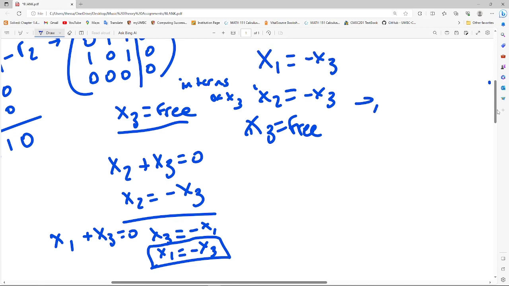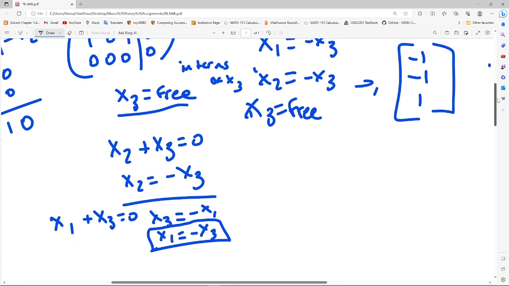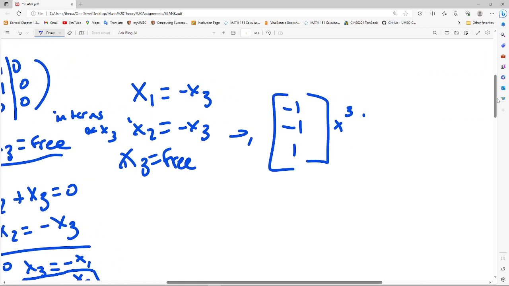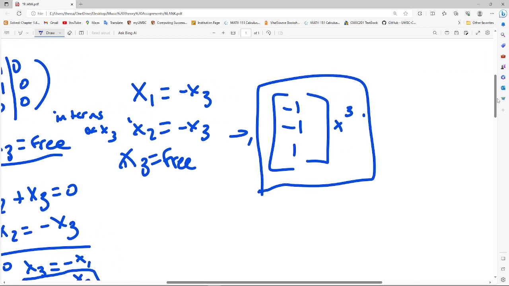So how we're going to write our answer is like this. Negative 1, negative 1, 1 times x3. And this is going to be our final answer. This is what they're looking for. So the reason we do that is because x3 is a free variable, right?